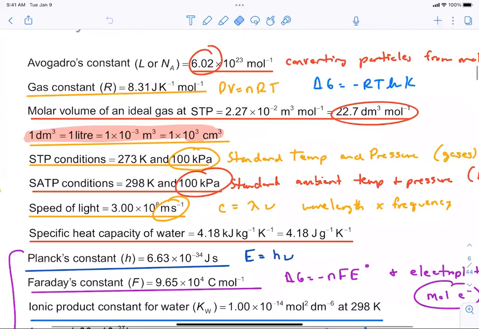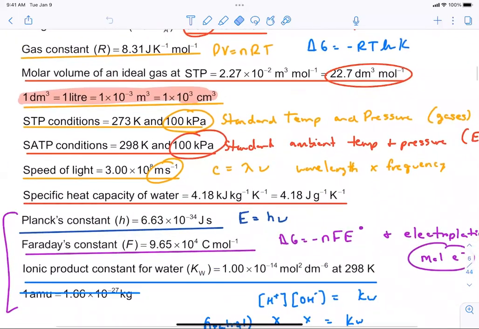I feel like if they give you nanometers in the problem, they'll tell you what the conversion is. Because if it was a conversion the IB really wanted you to know, they'd put it in this section here. All the conversions, like decimeters cubed to meters cubed or centimeters cubed, are given in here. So I'm going to assume that if they give it to you in nanometers, they would tell you the conversion. If they give it to you in centimeters, that's implied.